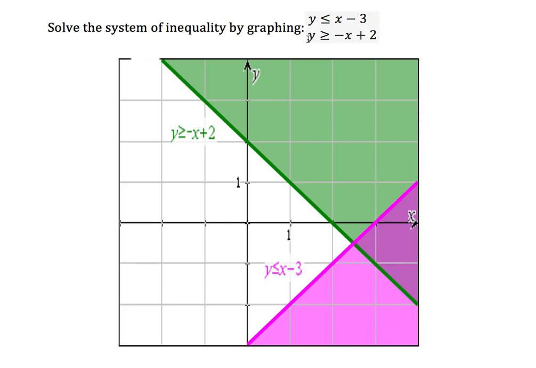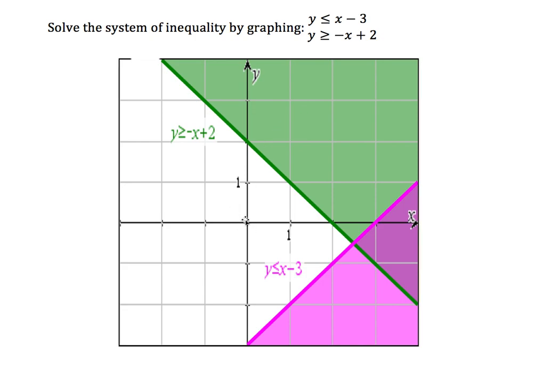Second equation, your y-intercept is at 2 and your slope is -1. So y-intercept is at 2 here. -1 tells us we're going down 1 to the right 1, down 1 to the right 1. And again, solid line because we have the equal sign here.